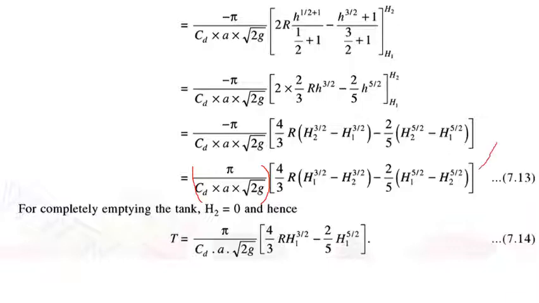And in this equation, if we substitute h2 equal to 0, we can find out the time required for emptying the tank. And that time is pi by CD into A into square root of 2g into (4 by 3 into R h1 raised to 3 by 2 minus 2 by 5 into h1 raised to 5 by 2).